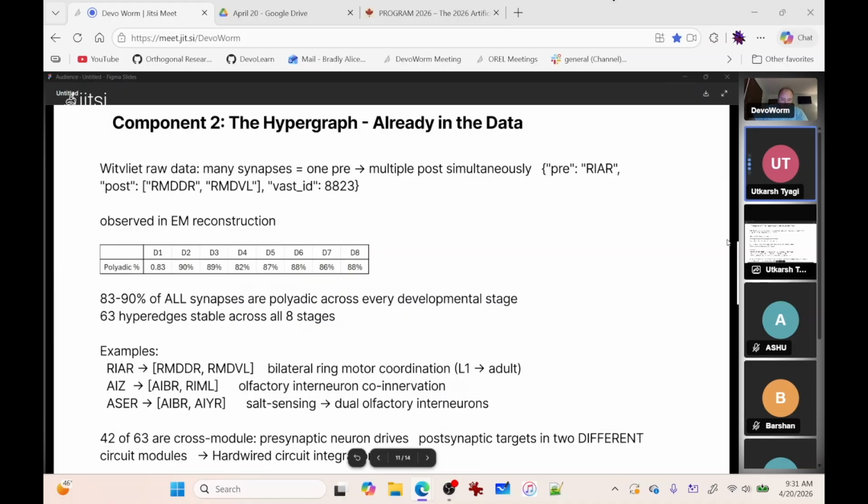63 specific polyadic configurations were present in all 8 stages from Witvliet, from hatching to adulthood. These are established embryonically and never rewired.